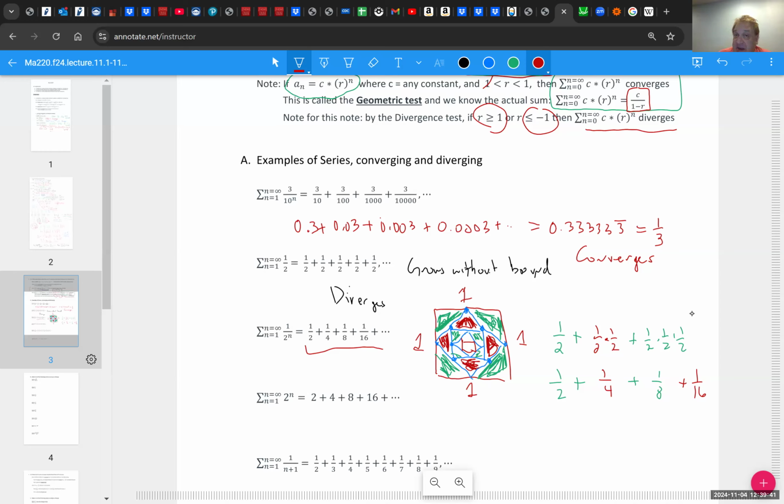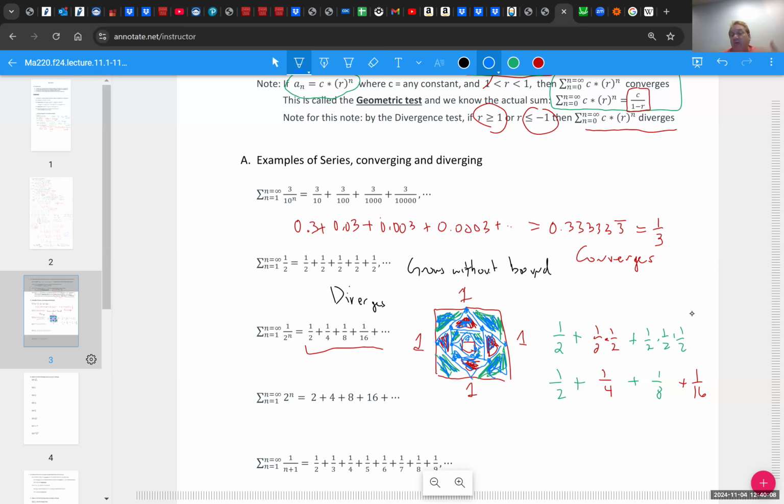Well, that's the shaded area right here. If I add in the next thing, that's 1/2 plus 1/4. And if I add in the shaded part of the next part, that's 1/2 plus 1/4 plus 1/8, plus 1/16, etc.